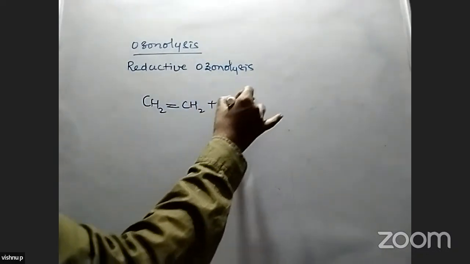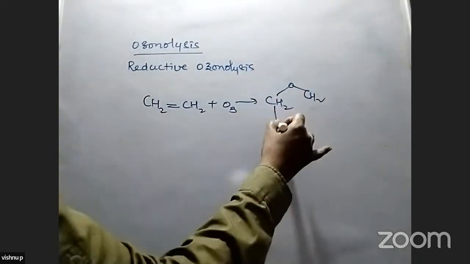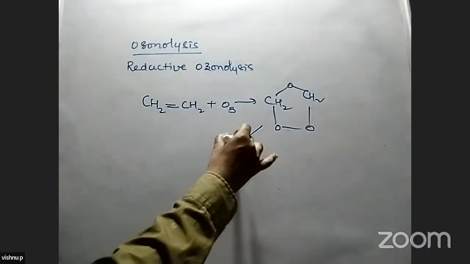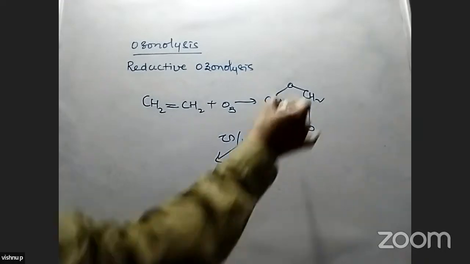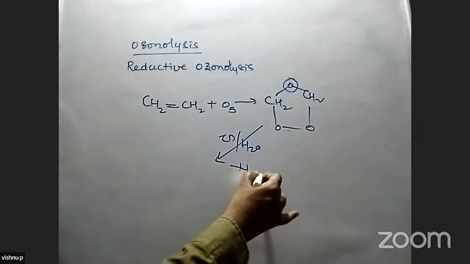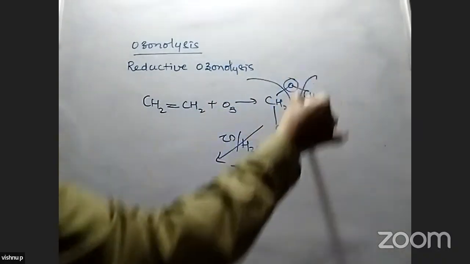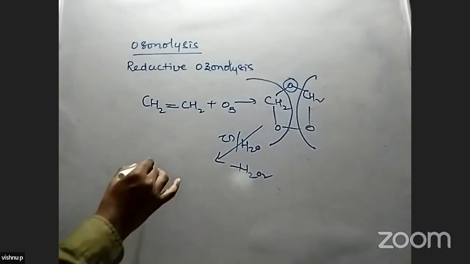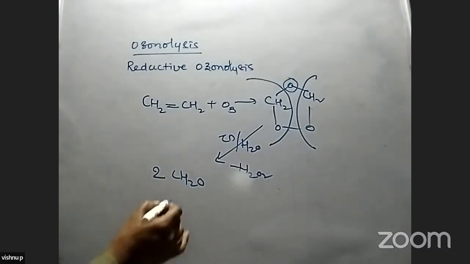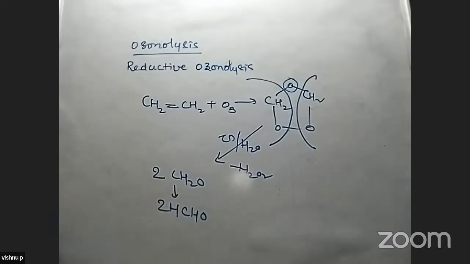When it reacts with ozone, an unstable ozonide is formed. It reacts with zinc in presence of water. The oxygen combines with water and is separated as H2O2. So two molecules of CH2O, formaldehyde, are formed in this reaction.